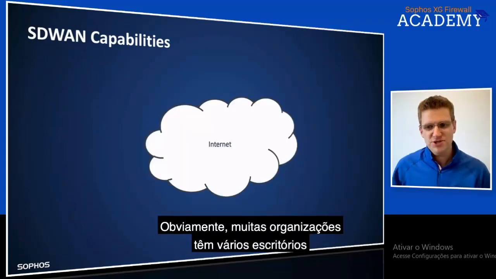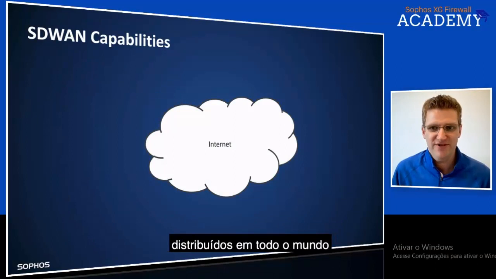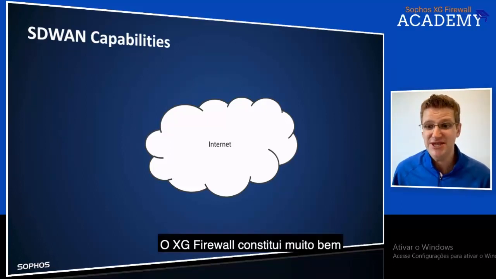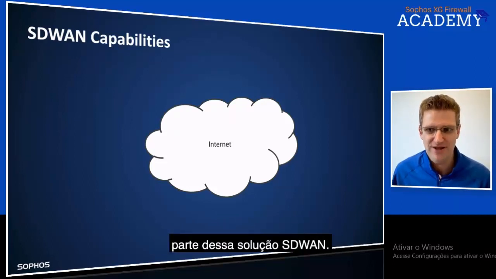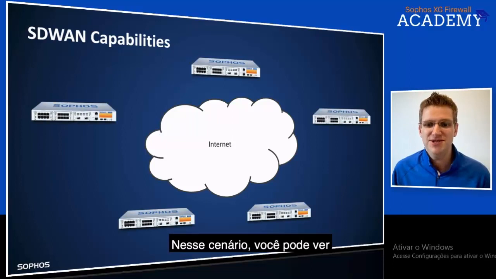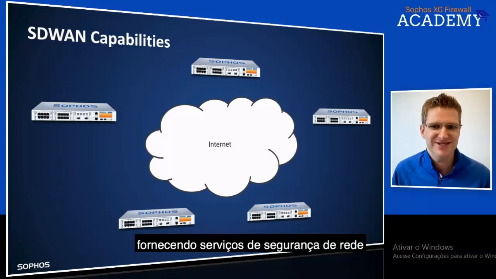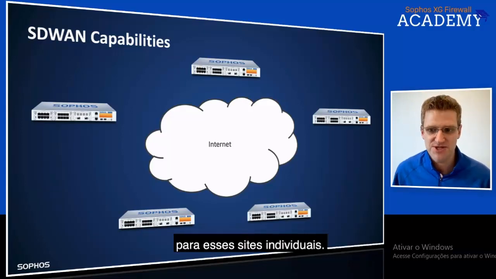Now, of course, lots of organisations have a whole number of offices that are distributed either around the world or around the country, all of which require network security capabilities. So the XG Firewall forms part of this SD-WAN solution very well. So in this scenario, you can see that all of these different offices have an XG Firewall deployed, providing network security services to those individual sites.